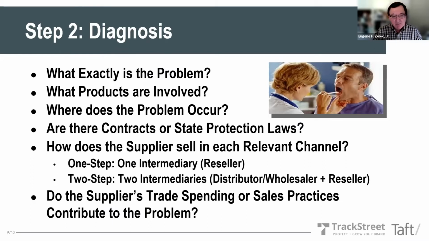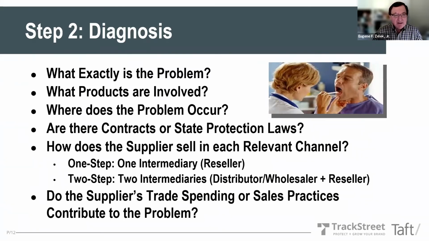Now, generally in the consumer area, there really aren't any state protection laws, but in certain industries like motor vehicles, or sometimes in very broad categories, such as the case in the state of Wisconsin, there are strong reseller protection laws that would pose some difficulty in just cutting people off for violating your policy. So you need to cope with that.